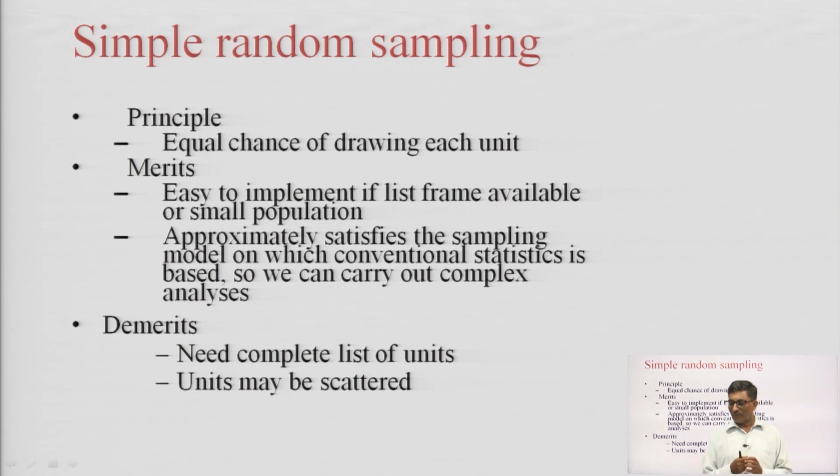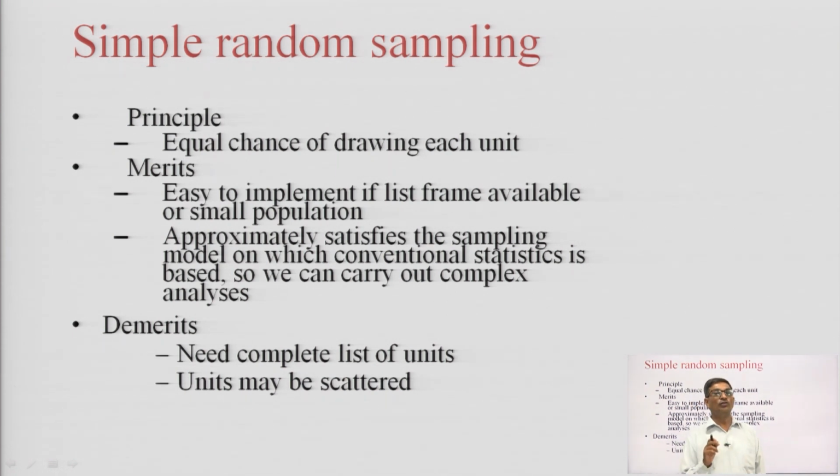Second, it approximately satisfies the sampling model on which conventional statistics is based. So, we can carry out complex analysis, but there are two demerits. In simple random sampling, it needs a complete list of units, because to select the sample we should have a complete list of all the subjects or patients or units of the population.